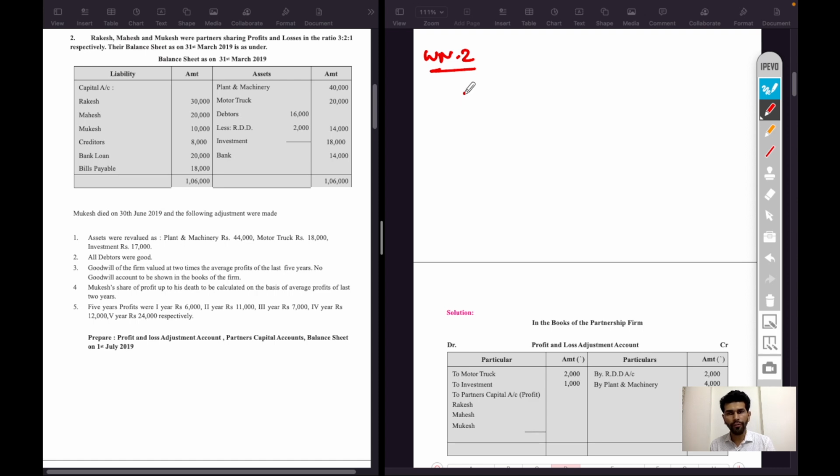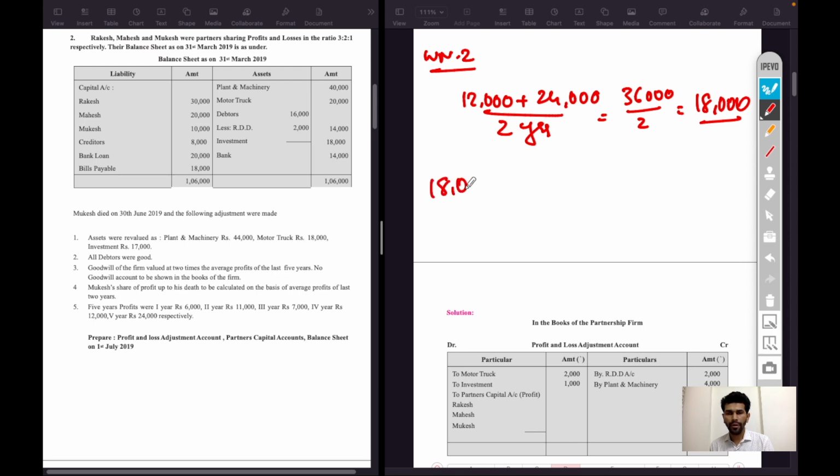It will be recorded for profit of last 2 years, 12,000 rupees and 24,000 rupees divided by 2 years. Amount will be 12 plus 24, 36,000 divided by 2, 18,000 rupees. Average profit is 18,000 rupees.